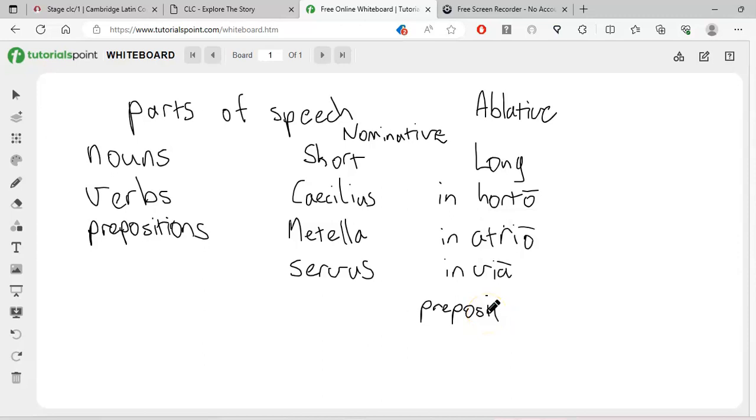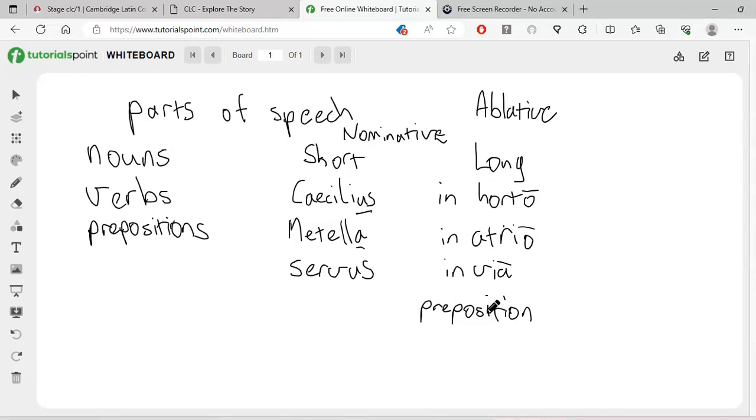It's called a preposition because it's a word we put before another word, usually a noun. So the preposition triggers a change in the form of the noun so that it gets a long vowel, or the ending changes. This is quite important. The endings of the words give us information about what the word is doing in the sentence.